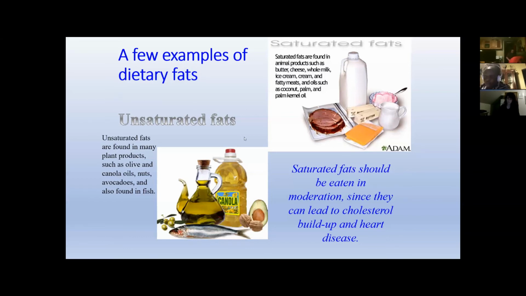And then your unsaturated fats, these are the ones that don't have that bond in them. They tend to be liquid at room temperature. And you can see that in both cases, we have some that are animal-based and some that are plant-based. Your unsaturated fats are, for the most part, except for fish, mostly plant-based.